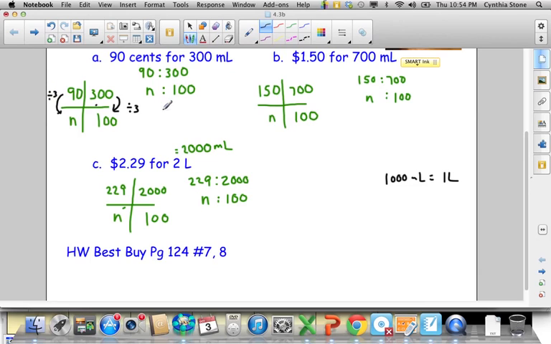So N is 90 divided by 3, which is 30. It'll be 30 cents. So for this deal, it's 30 cents per 100 mil.